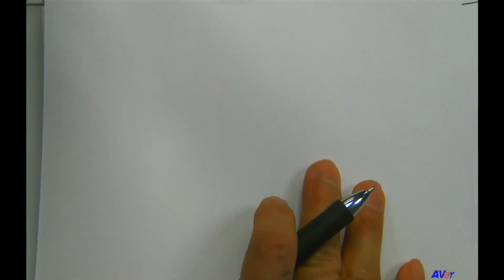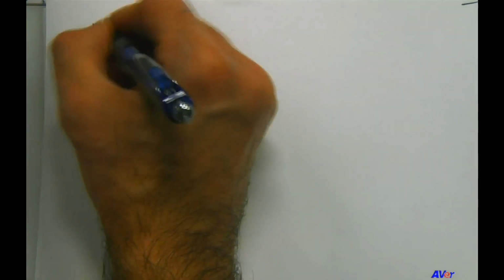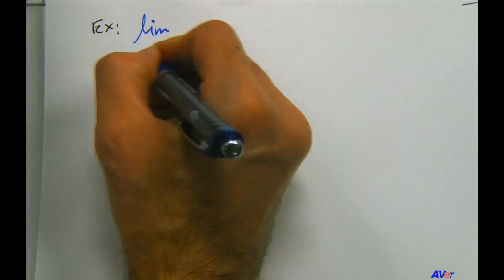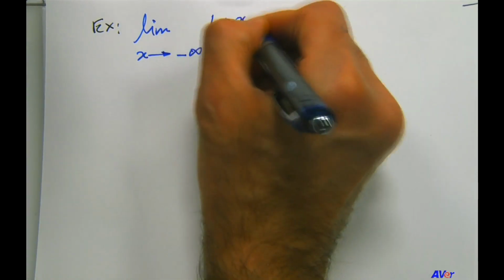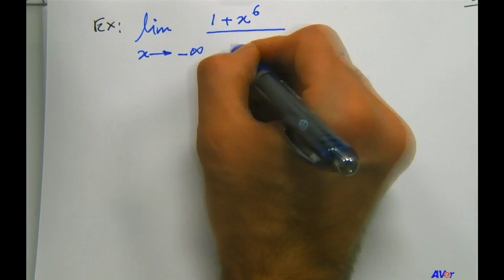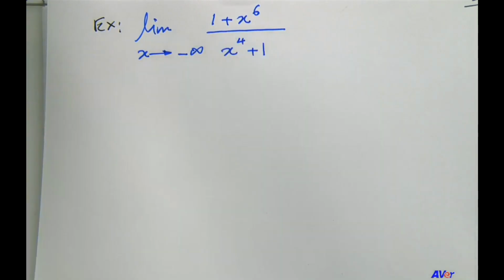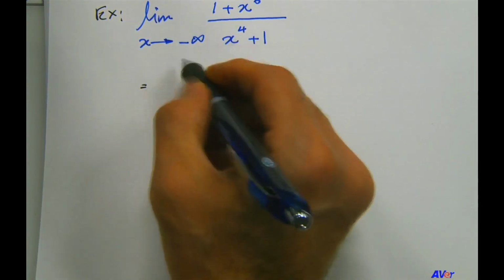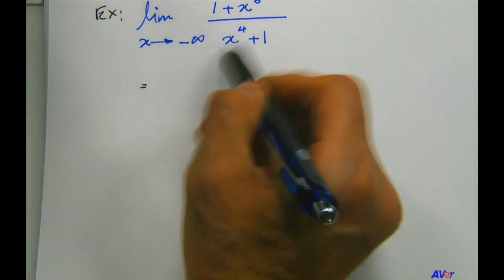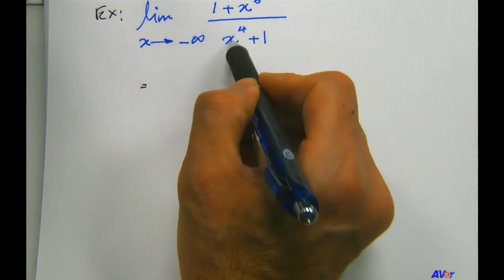So let's do another example before we look at another case. Okay, so suppose we want to find the limit as x approaches negative infinity of this function, like that. Okay, so once again, note the highest power of x in the denominator.